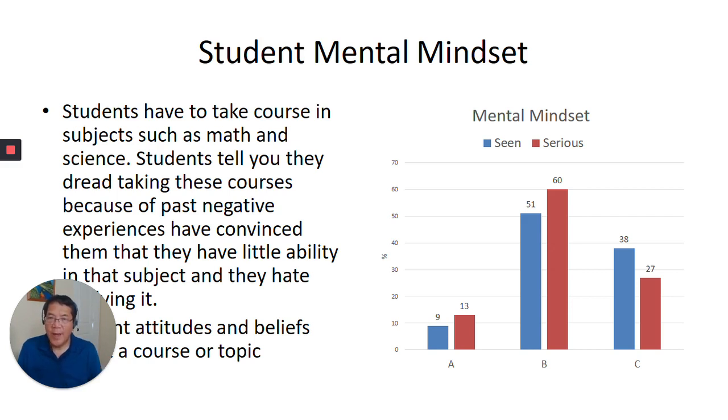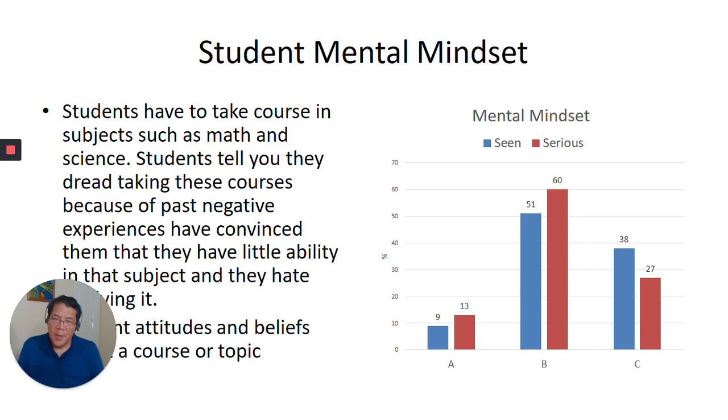Those are all aspects of mental mindset. So in each of these scenarios, I have a scenario of how this might play out in the actual classroom. And then on your handout, I have an explanation of how it might also undermine student learning.